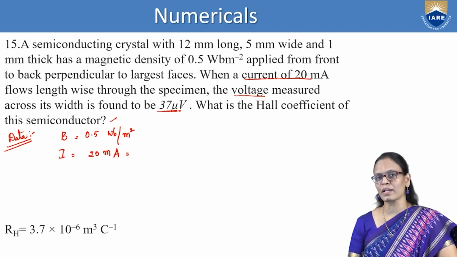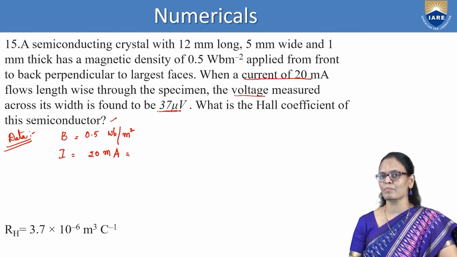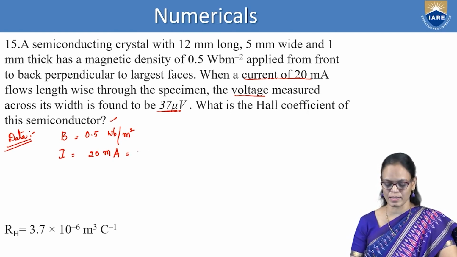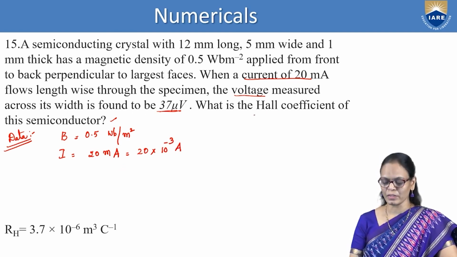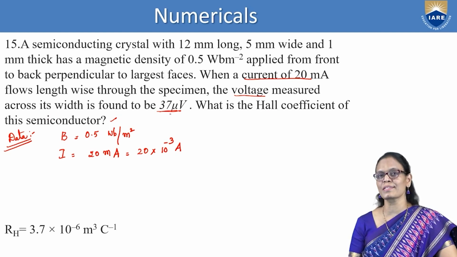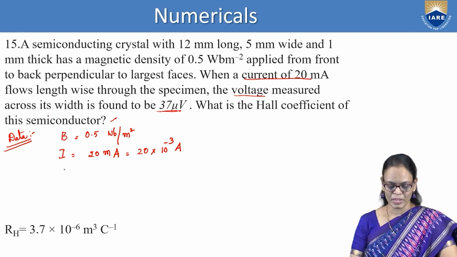Again here we need to convert this milliampere to ampere to be in the same system. Throughout we are writing it in the SI system. So 20 milliampere we will write as 20 into 10 power minus 3 ampere.